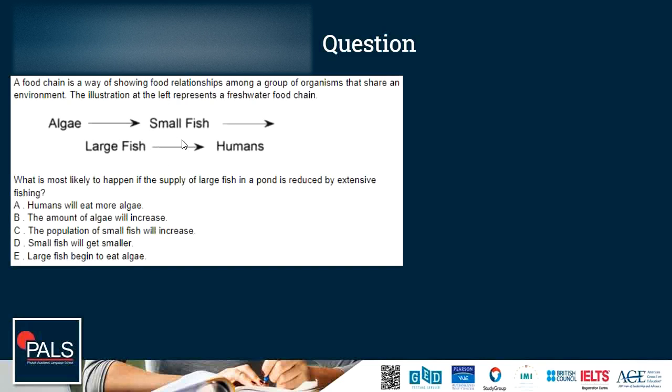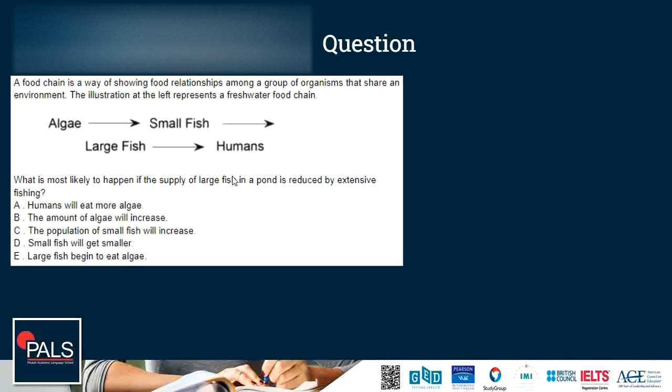So we are taking away large fish. There is going to be a lower predation pressure on small fish, which means that small fish can reproduce more and produce more offspring, and that should increase the number of small fish. The effect on the algae should be the opposite, because more small fish means more hungry small fish, which could have a negative impact on the population of algae.